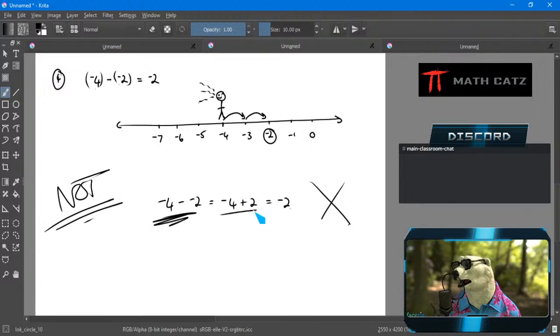This left one is equivalent to the right one by exploration, by leading the student through examples and say, well, let's have a look. We can do -4 minus -2 using our number line model. We get an answer of -2. Is there another way we could do that? Well, let's just make an easier example and get rid of all these negatives.